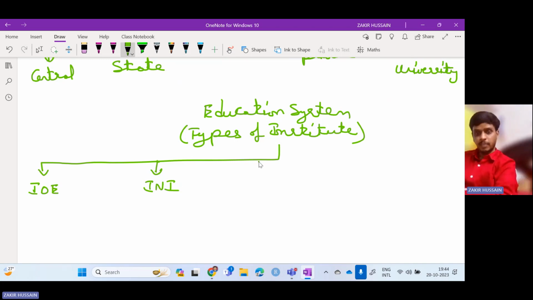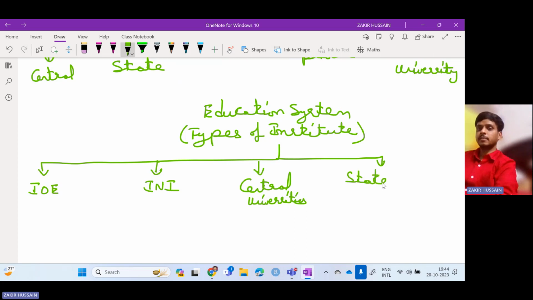Then the next category, we have the most expected, the central universities. Then next we have state universities for every state, which are controlled and completely funded by the state government. Central universities are completely funded by the central government.